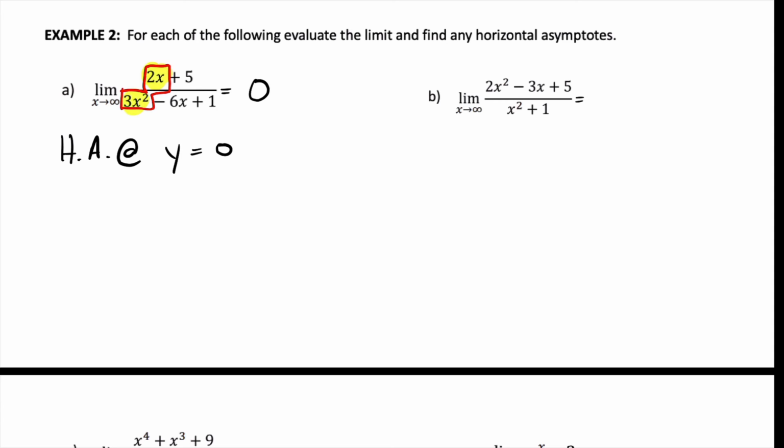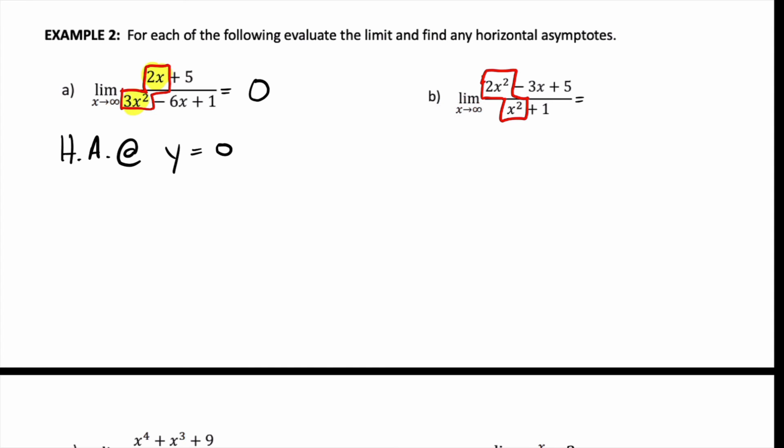Second one. This one is not bottom heavy. This one is equally distributed, right? Now I have a positive infinity here, so I don't have to worry about anything else.